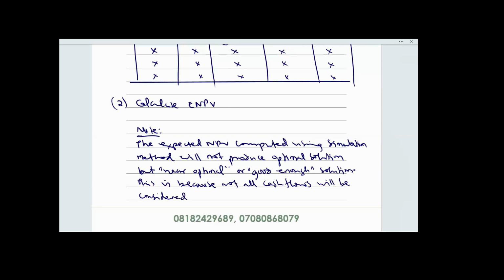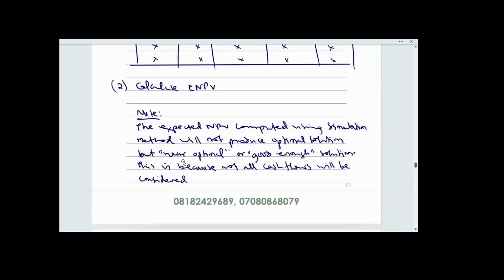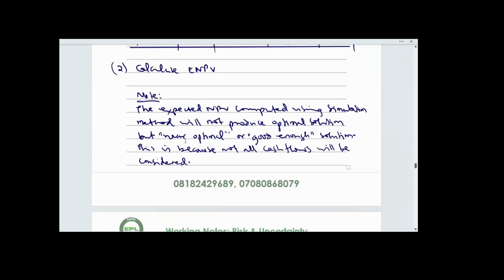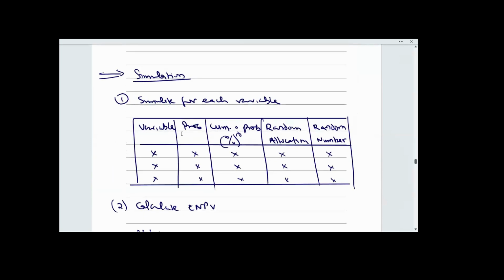So in this case, you are selecting the cash flows randomly. So you are going to leave out some cash flows. So as a result, you cannot have optimal solution. So this is what you need to know as far as simulation method is concerned. So at this point, let's have an illustration, and that will be the end of today's class.